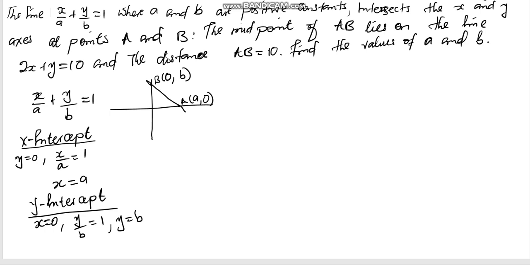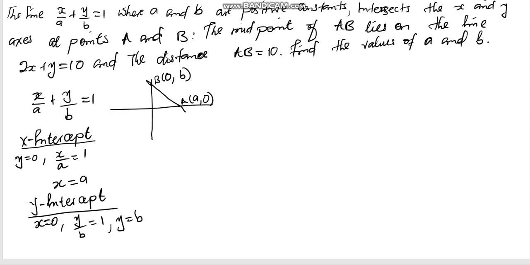Now the other thing: we've been told that the midpoint of the line AB lies on the line 2x plus y equal to 10. So what we're going to do here is find the midpoint of this line. Those two coordinates that we get, we plug them back into 2x plus y equal to 10.